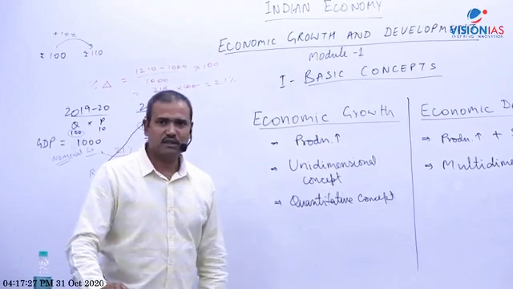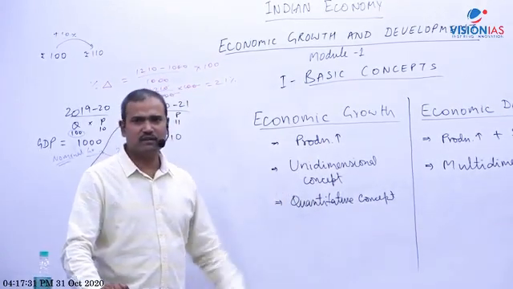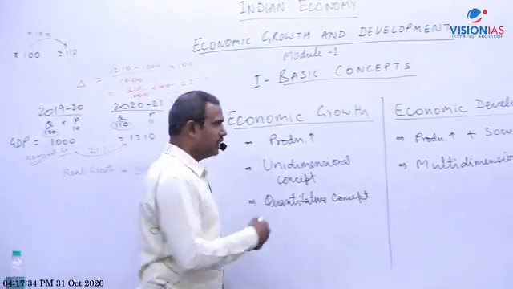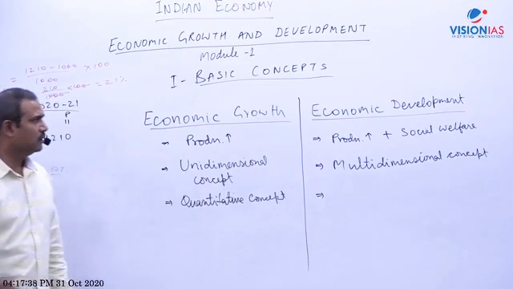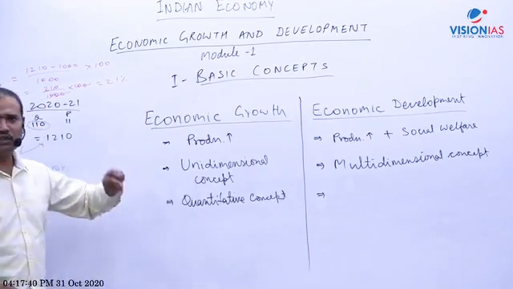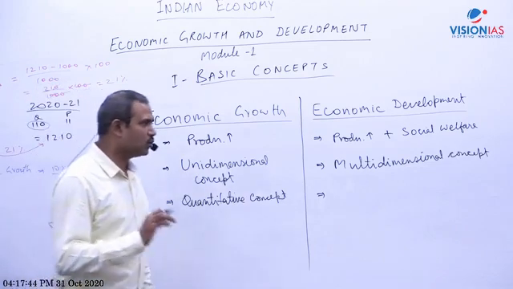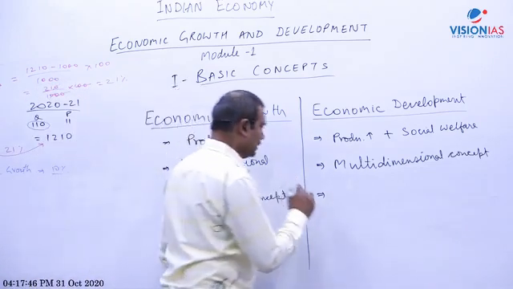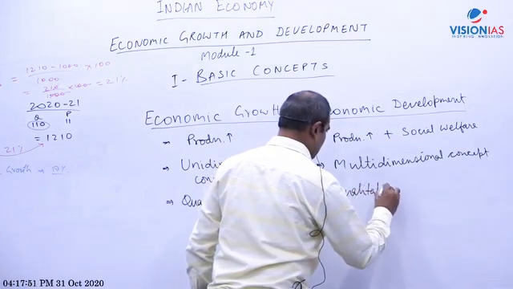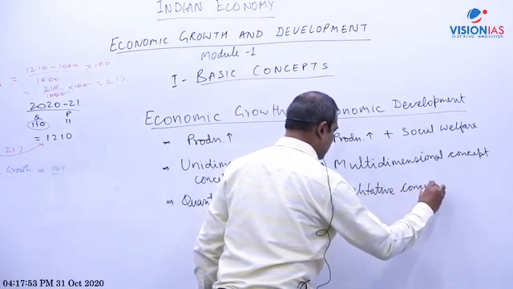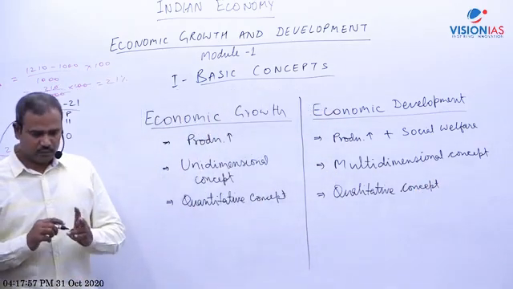Now what about this? Is it quantitative, qualitative, or both? So it should be clear, the answer is qualitative. Okay, to mention this, it is a qualitative concept. Now some of you might have written both, but that is wrong.